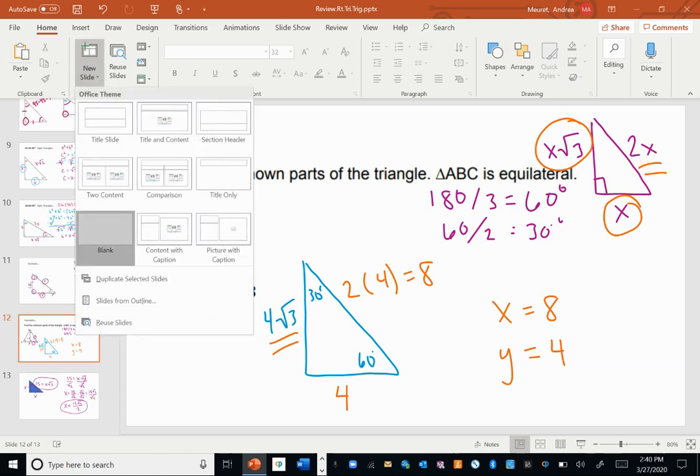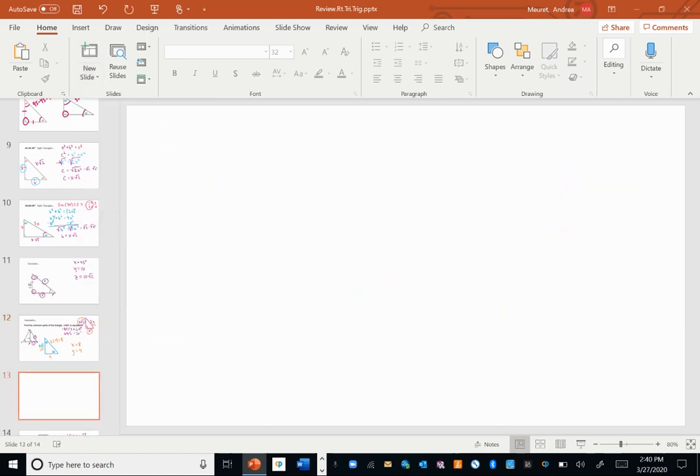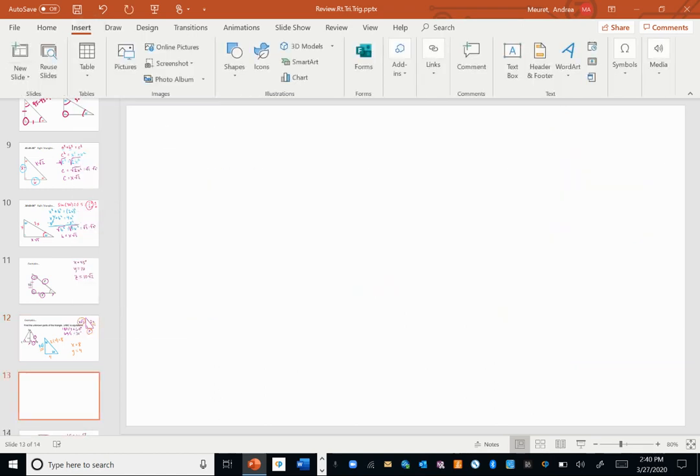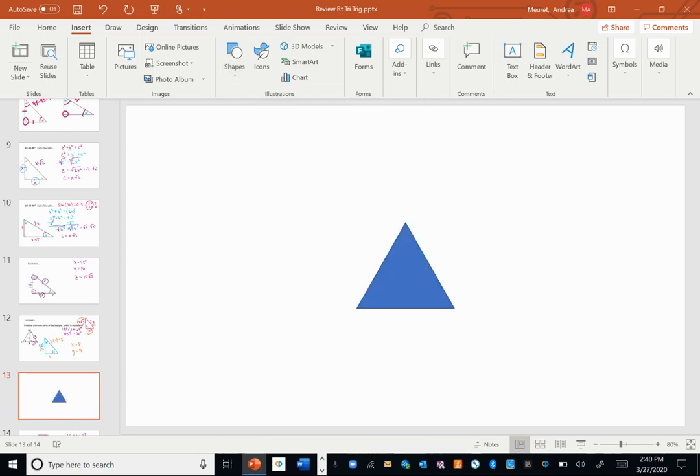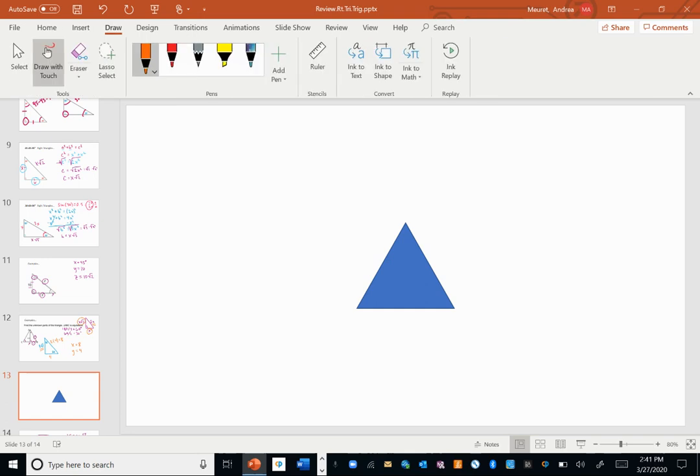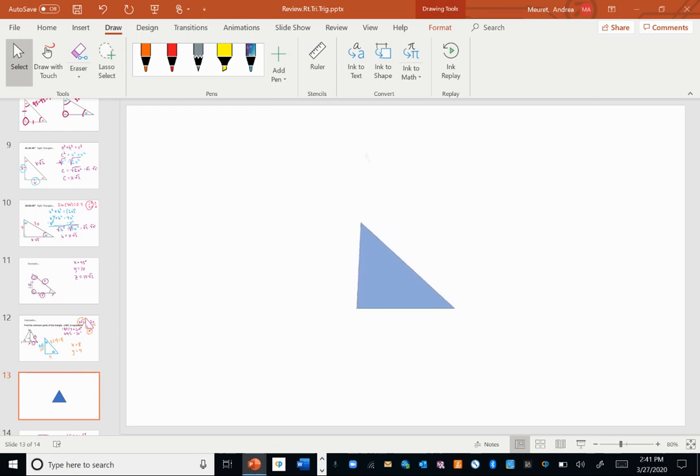Now, I'm going to look at one more example here. And in this example, I'm going to make a right triangle and have that right triangle get stretched up here. There we go.